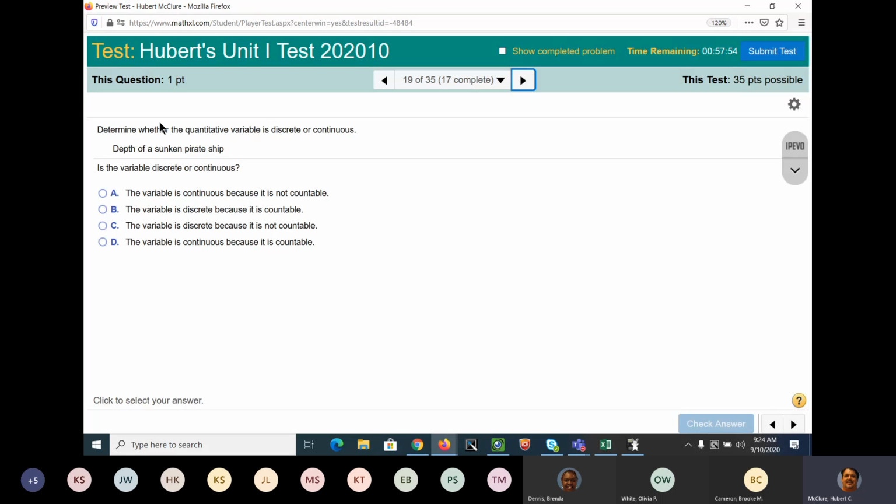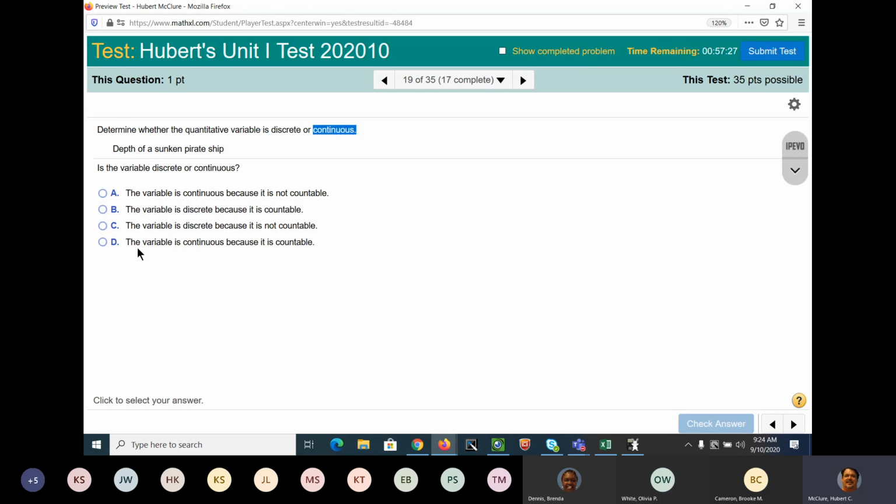Determine whether the quantitative data is discrete, count, or measured, continuous. Depth. What is depth? It's distance. So what is distance? I told y'all distance is measured. So this one is continuous.